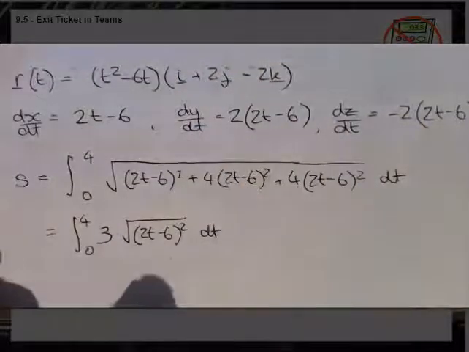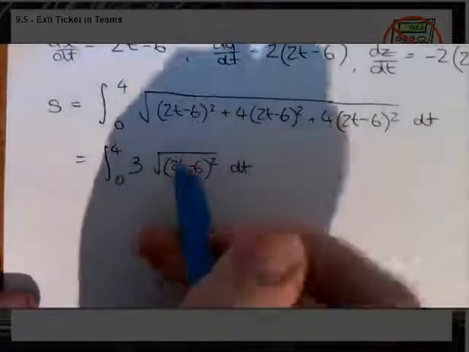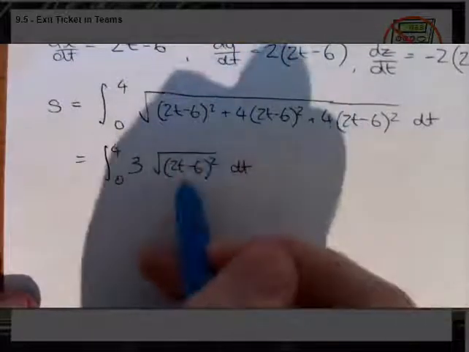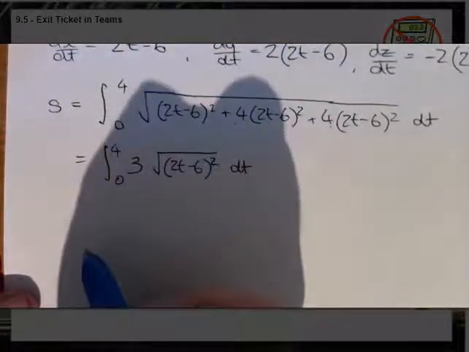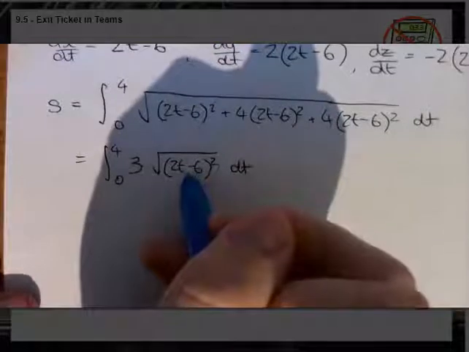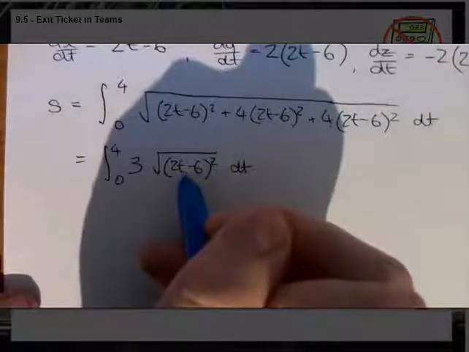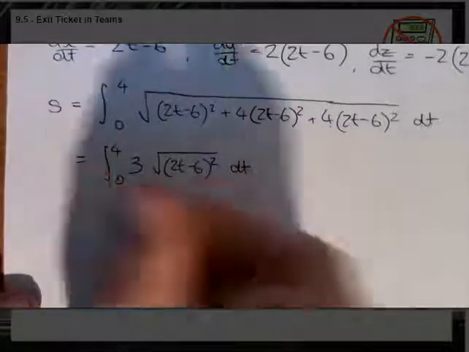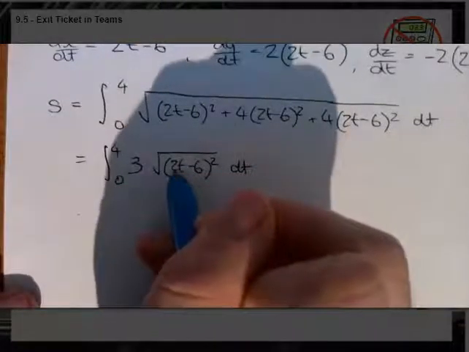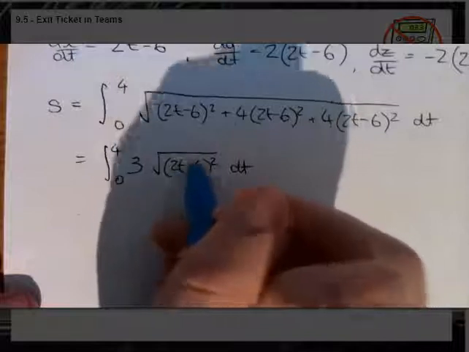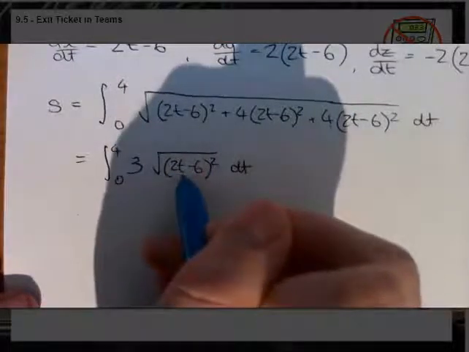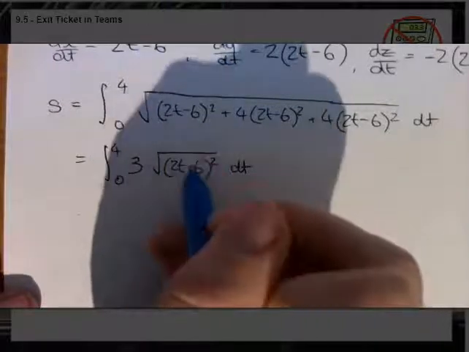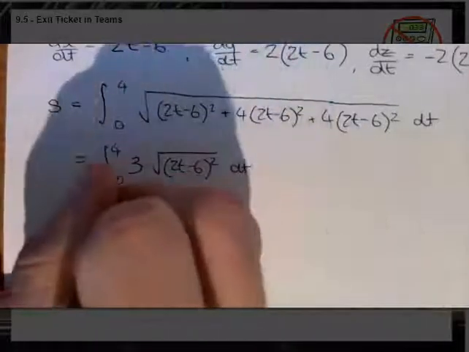dt. And here's the thing, this expression here, we have to be careful that it is always positive, and it's going to change. So if t is smaller than 3, this expression as written in the bracket is going to be negative, and so when I square it and then take the square root, I want to reverse the sign.